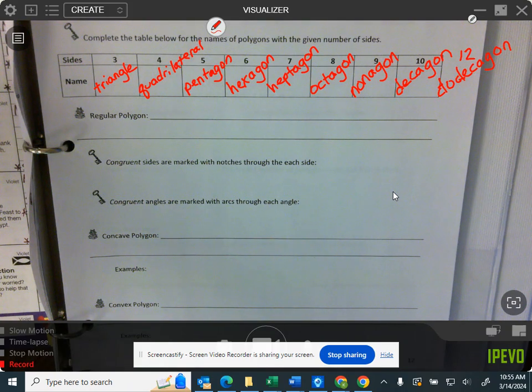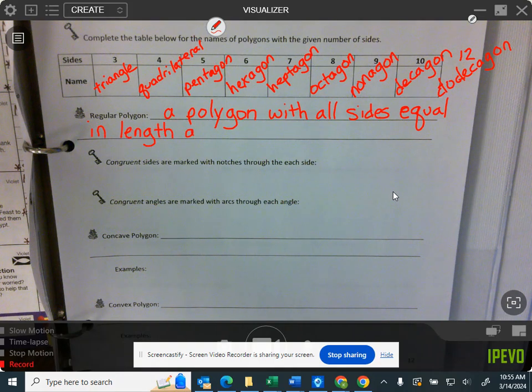So a regular polygon would be a polygon with all sides equal in length and all angles, not angels, angles, equal in measure.